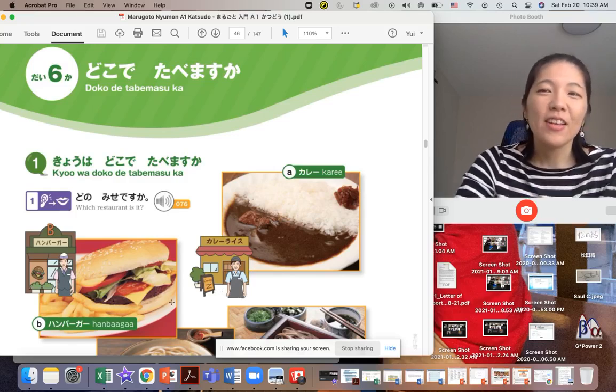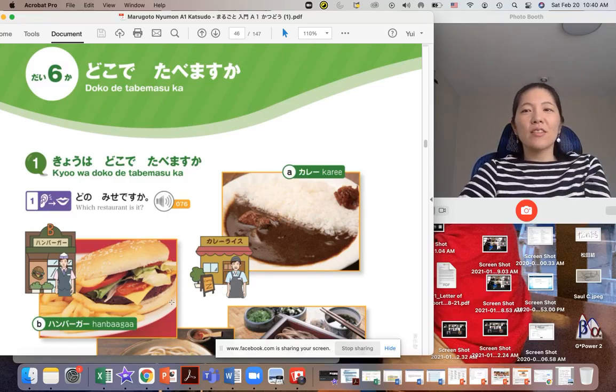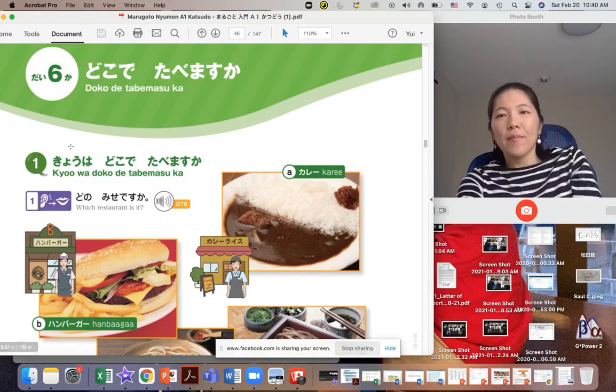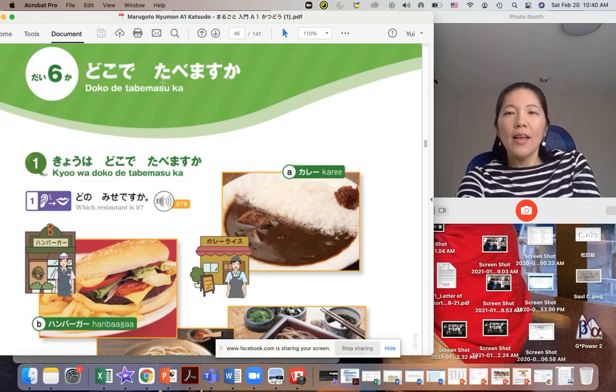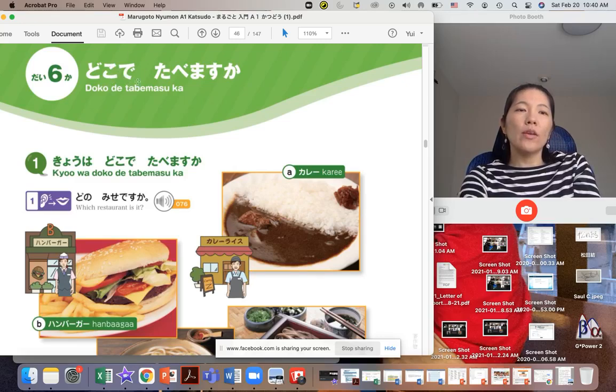So now we are moving on to lesson 6. The title is どこで食べますか? どこ is where. De is used when we have a location, like at where. 食べます is to eat, right? 食べる, 食べます.